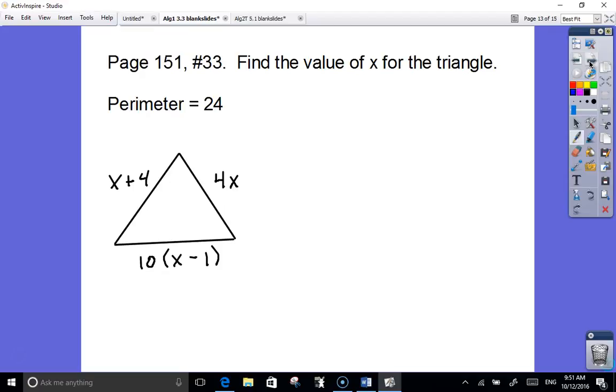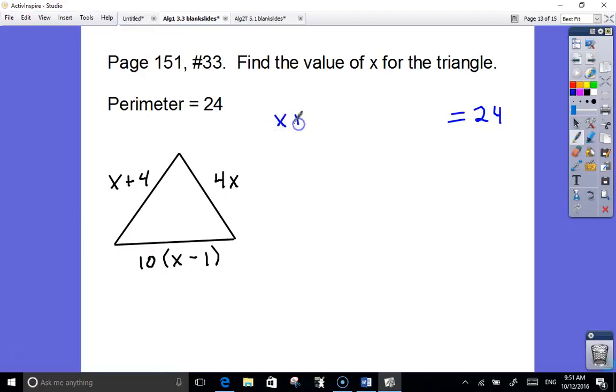It's the sides all added up, right? So there's one problem like this with a triangle. I think another one in the book was a rectangle. But again, it's the same concept. It's everything added up. Okay, well, if everything added up equals 24, how do I add up all these expressions?